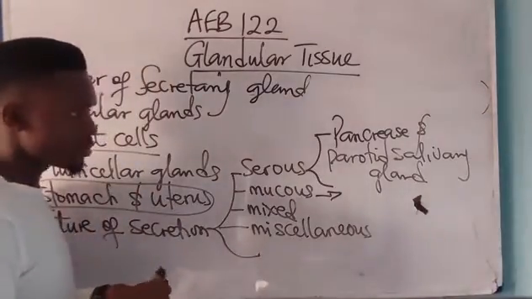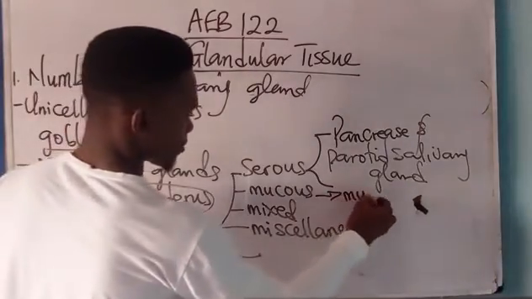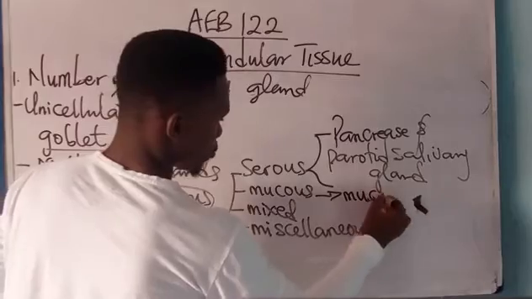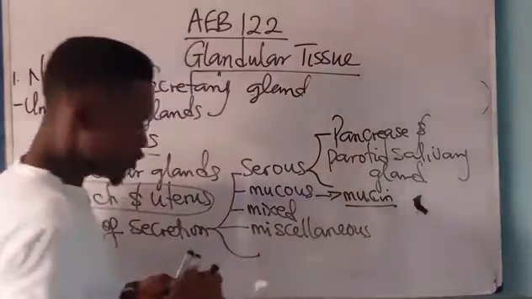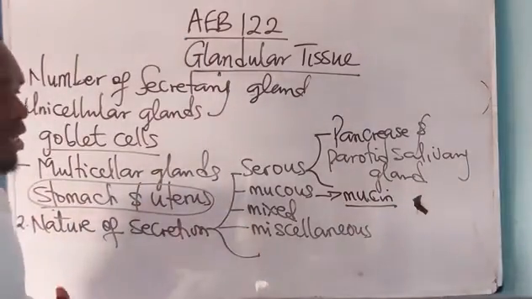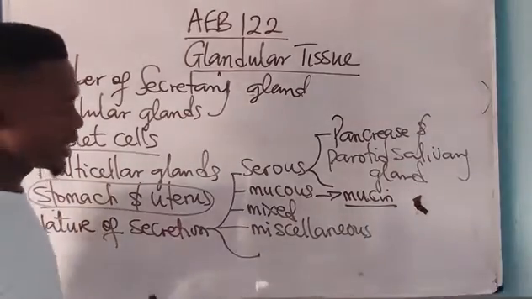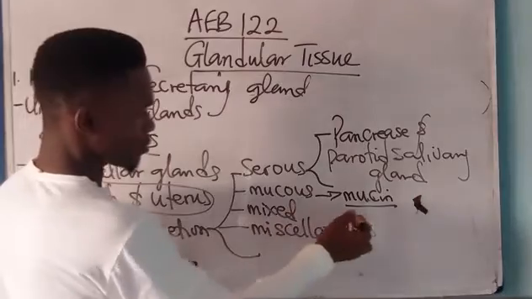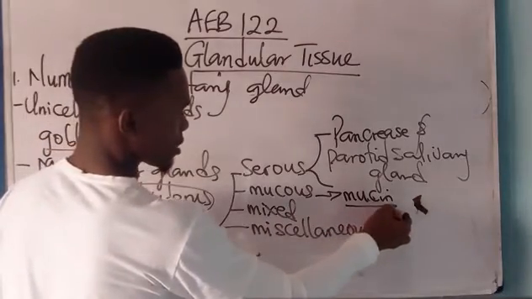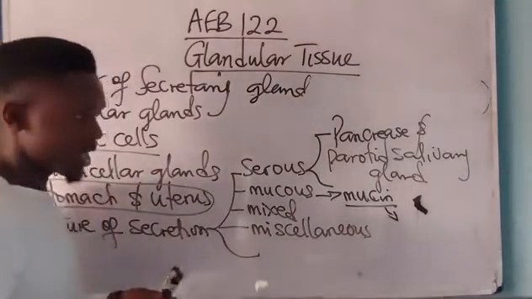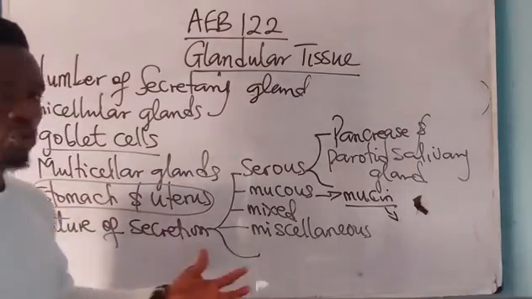Now the mucous gland produces what is called mucin. Mucin is a lubricating, viscous substance that provides protection on the walls of the stomach. An example of a mucous gland is the gland found in the stomach.